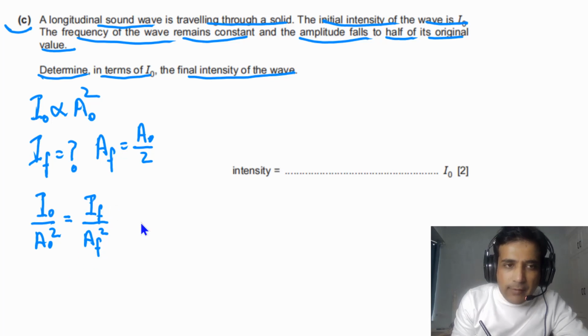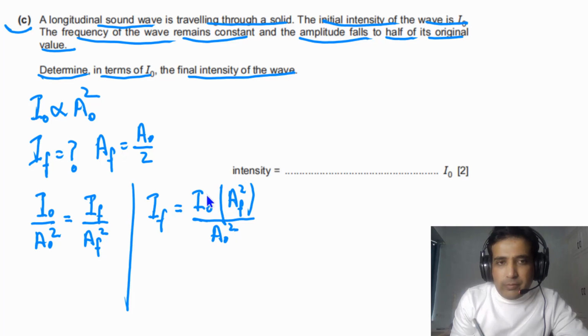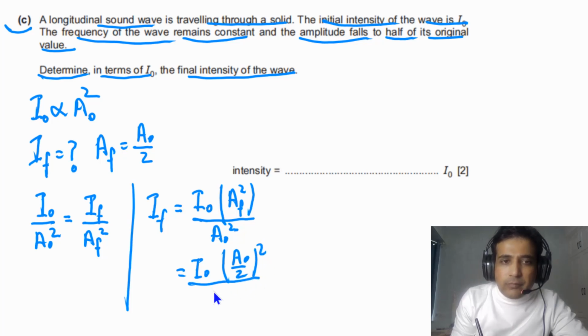So we can rearrange this. We can write down I_F in this case has to be equal to I naught times A final square, divided by A naught square. Now we can plug in the value of A final. So we have I naught, A final is A naught by 2 squared, divided by A naught square.